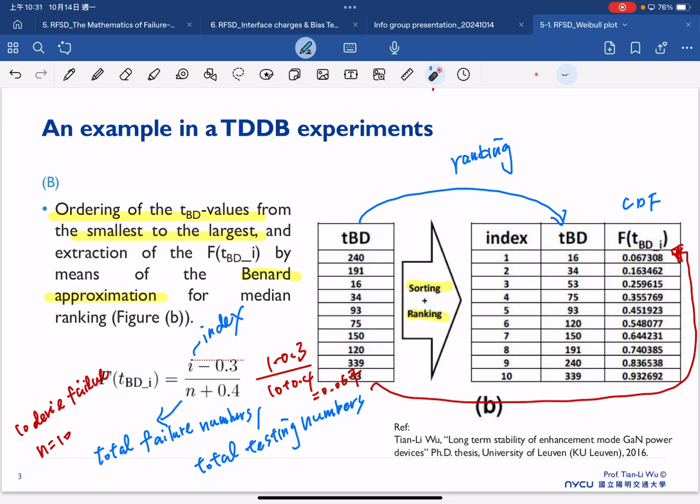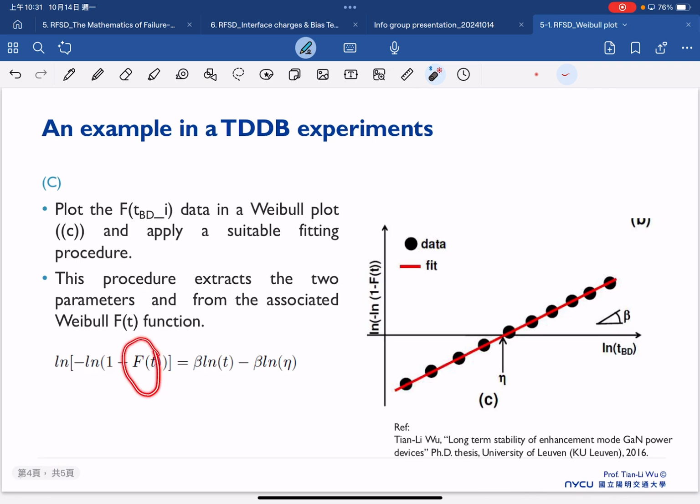So that's the second step, to calculate the CDF based on the Bernard approximation. And finally, once we have all these CDF data sets, we just put them in here. So plot the TBD data. That's our CDF in the Weibull plot, as shown here.